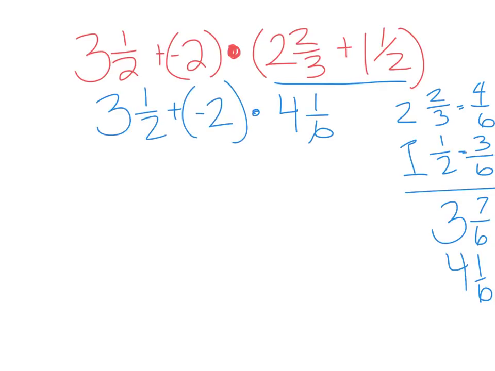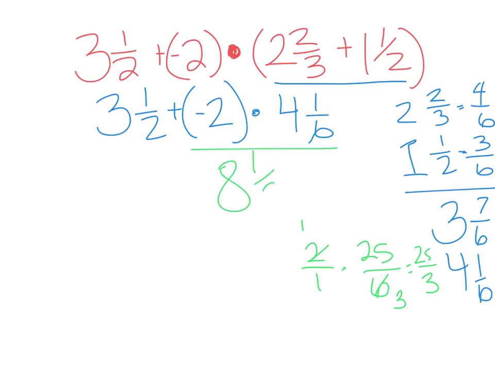Next step is we're going to multiply that. For the multiplication, you would do 2 over 1 times 25 over 6, cross simplify, and then you get 25 over 3, which then changes to 8 1/3 plus 3 1/2.